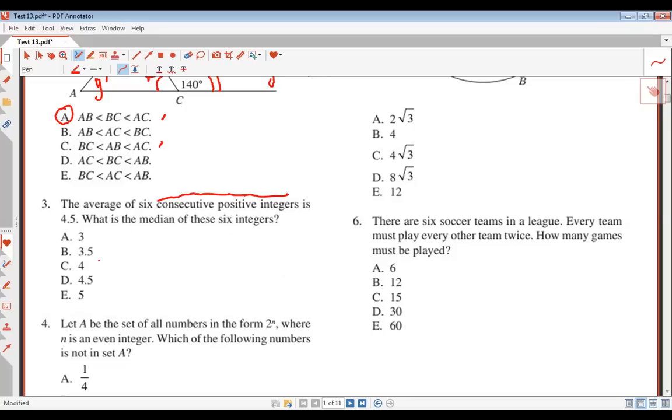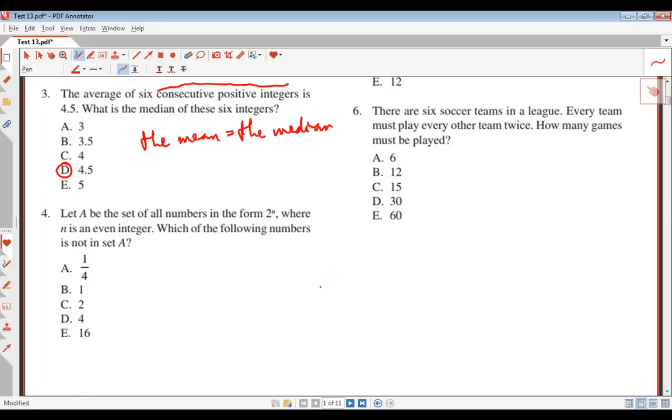Hence, we can say that the final result is D. The mean equals the median when we deal with consecutive positive integers.